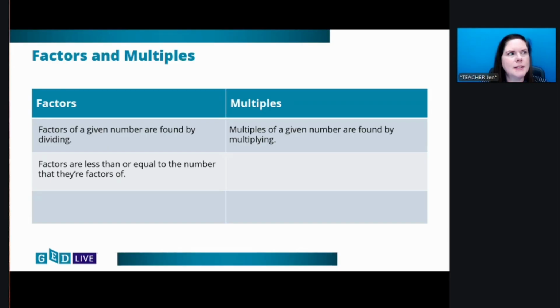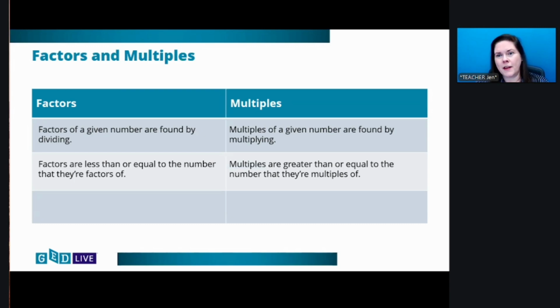So when we made a T-chart for something like 48, no factor of 48 is greater than 48. 1 times 48, 2 times 24, on and on from there, but the numbers are smaller. It's the reverse for multiples.